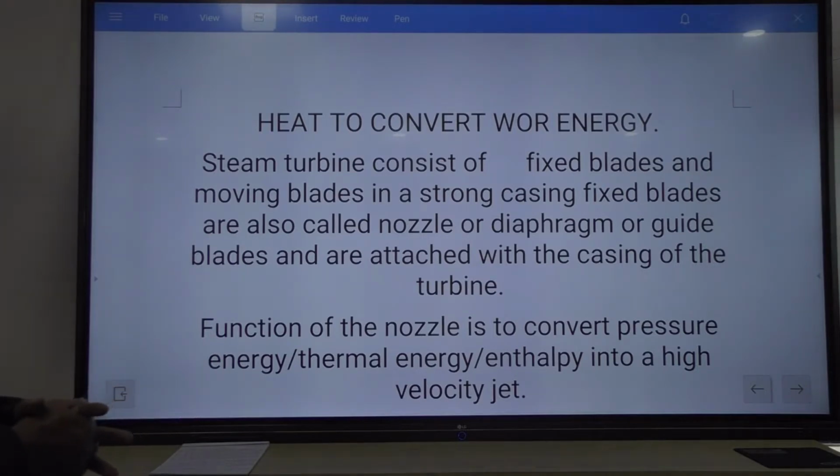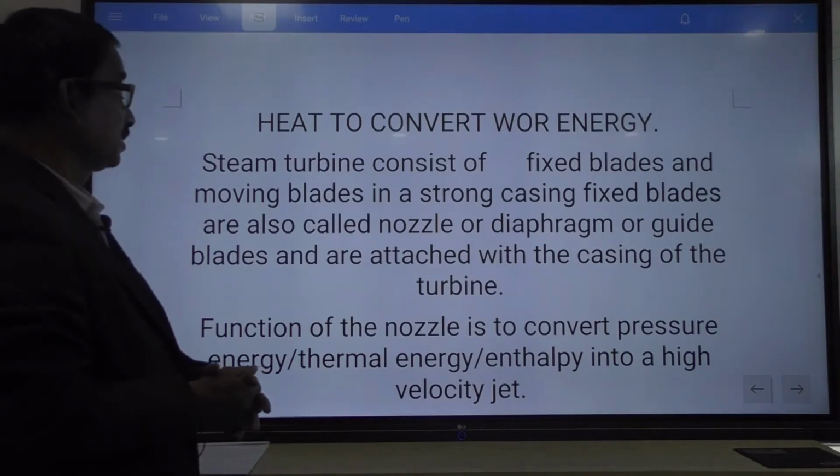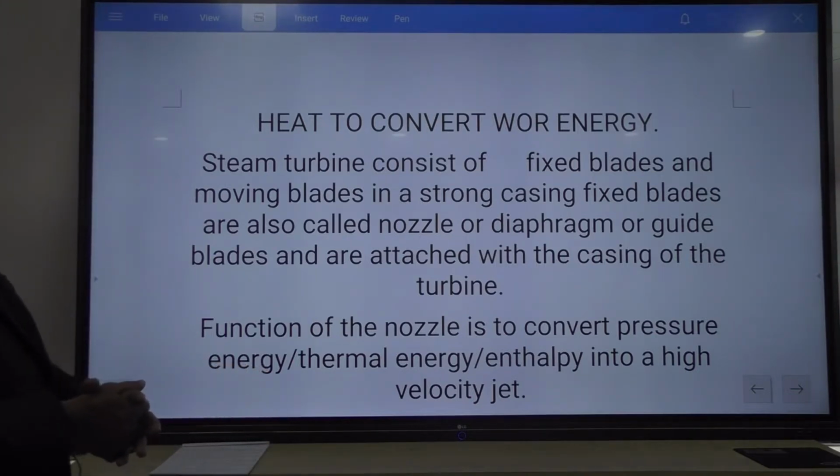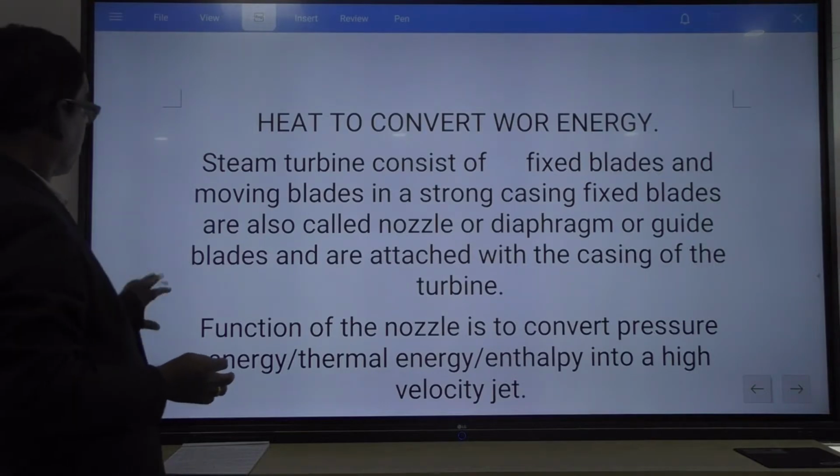The function of the nozzle is to convert pressure energy or thermal energy or enthalpy into a high velocity jet. That means the work of the fixed blade in the turbine is to convert the heat energy or enthalpy into a high velocity jet, that is the kinetic energy.